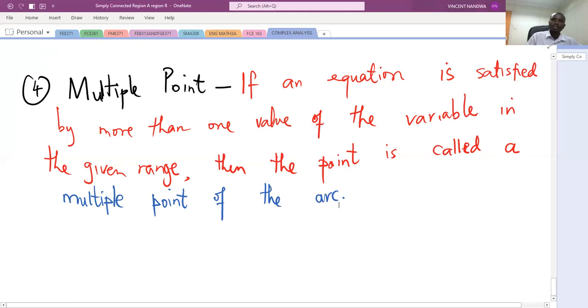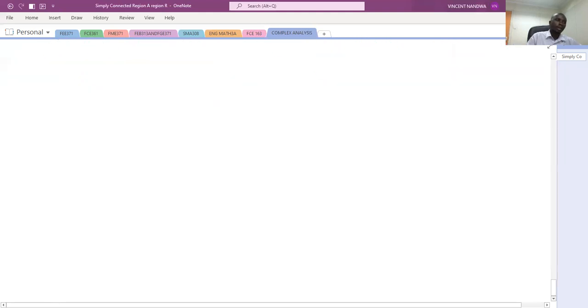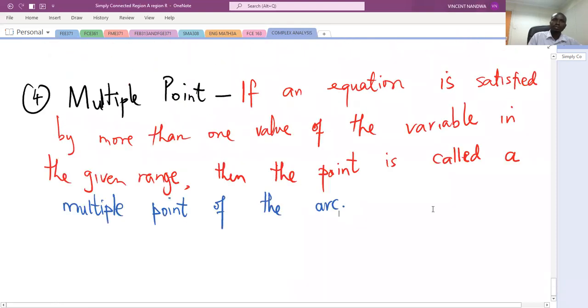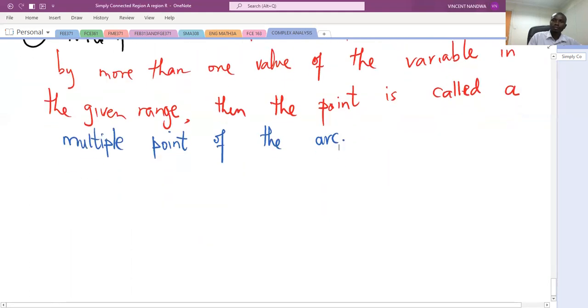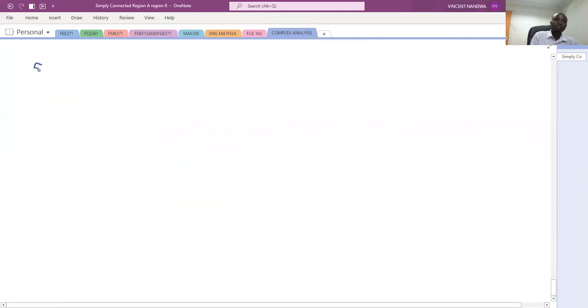And then the next definition is what we call a Jordan curve or Jordan arc. So that's number 5, Jordan arc.